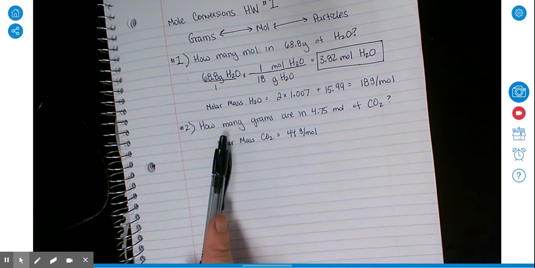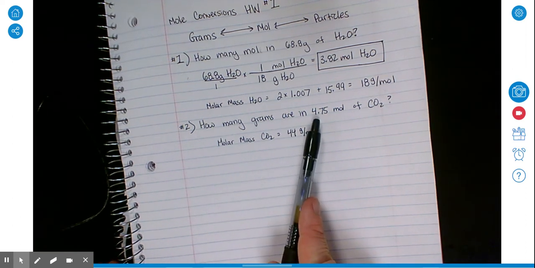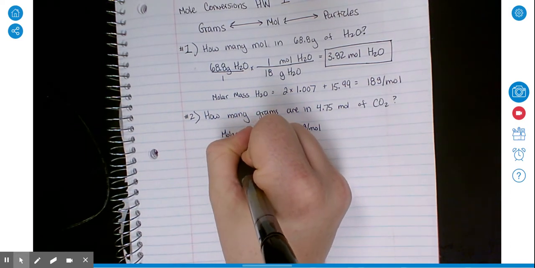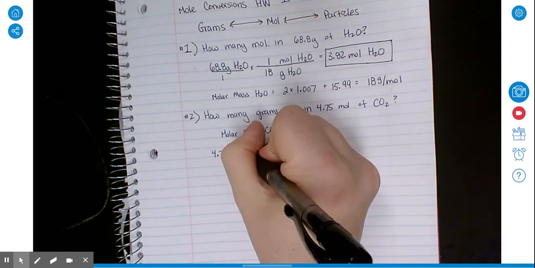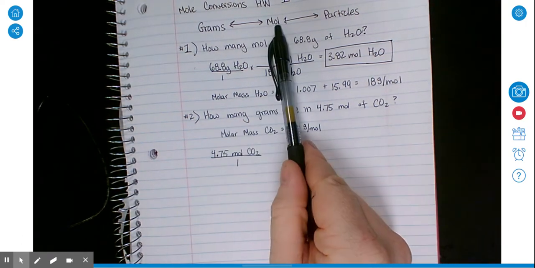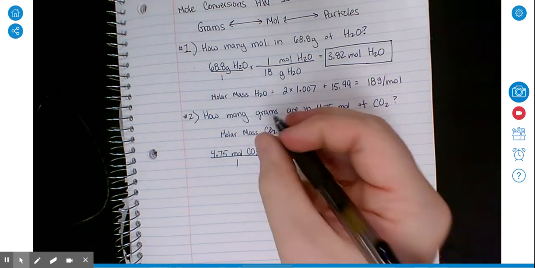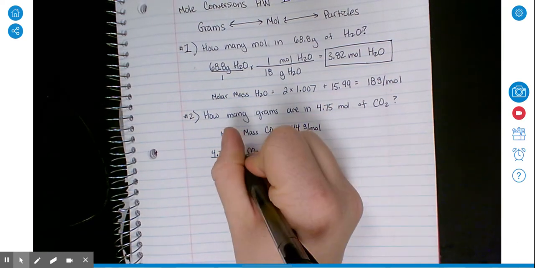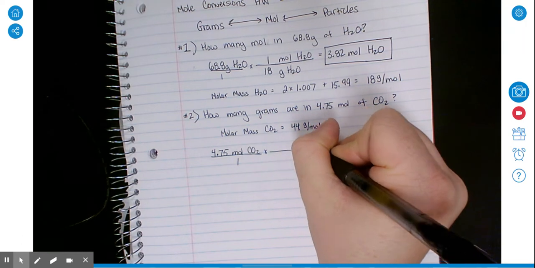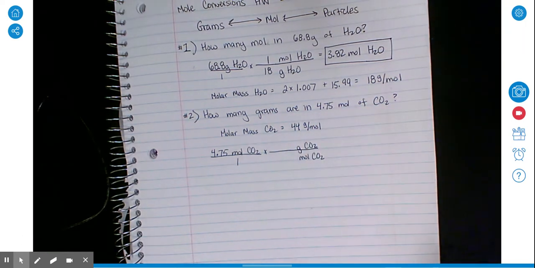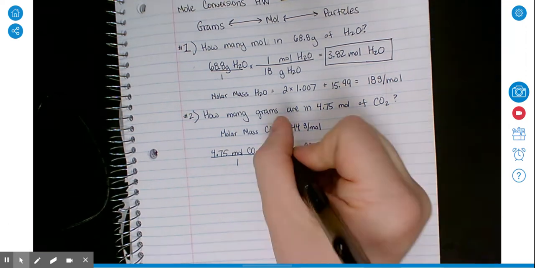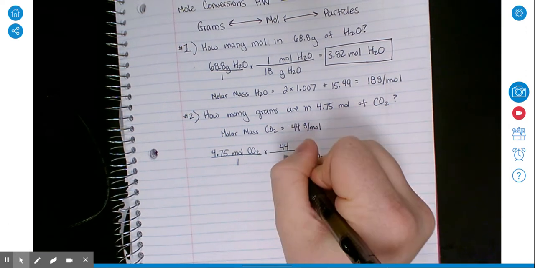Start your problem off. What do I know? Well, I only have one number. I know I have 4.75 moles of CO2. From moles, I can go to grams. Moles need to cancel out, so it goes to the bottom. Plug in my molar mass conversion factor, which I already figured out. There are 44 grams in every 1 mole.